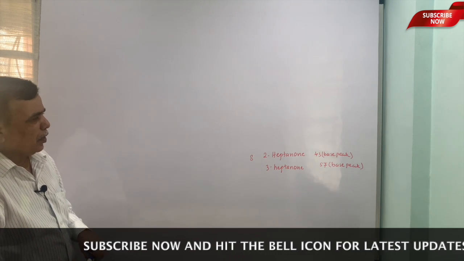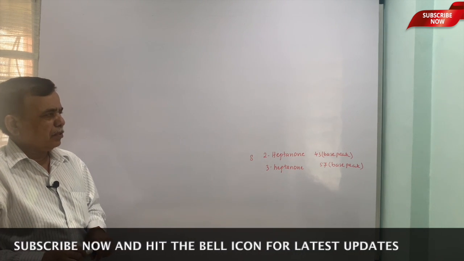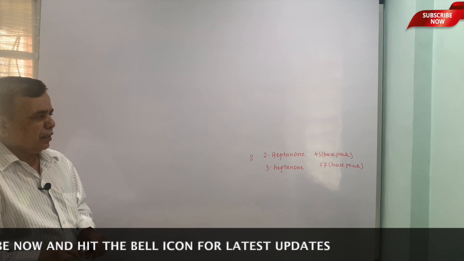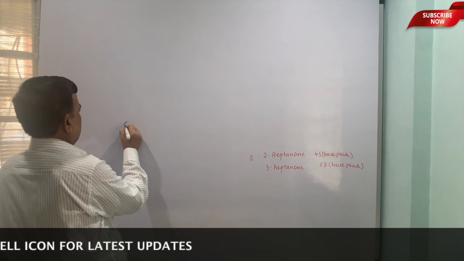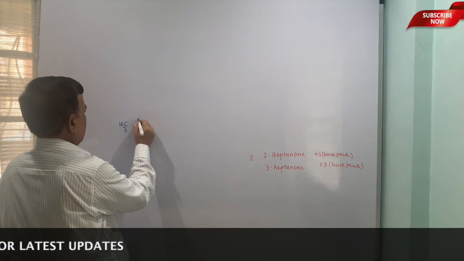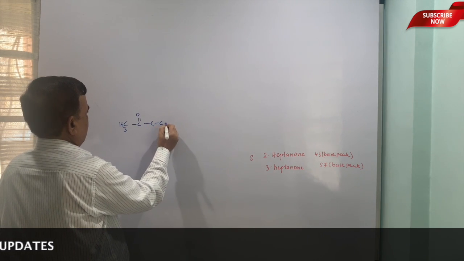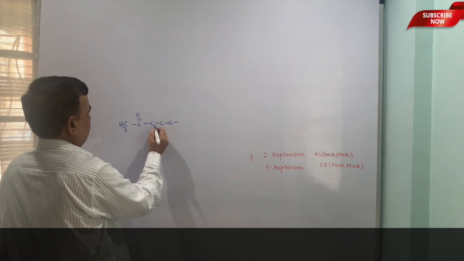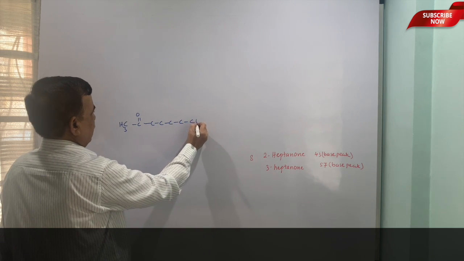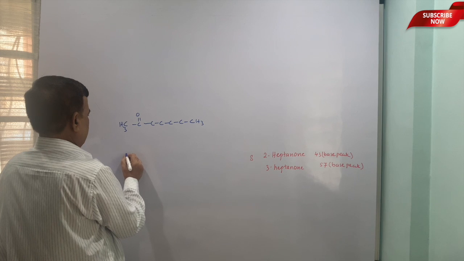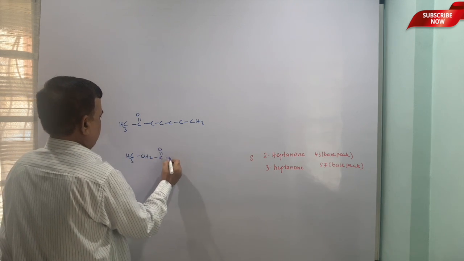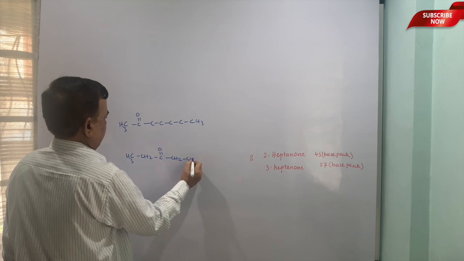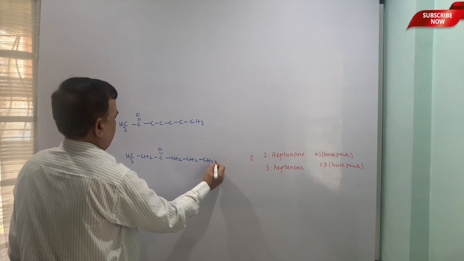The next example, 2 heptanone gives base peak at 43, while 3 heptanone gives base peak at 57. So you have to explain this. 1, 2, 3, 4, 5, 6, 7. This is 2 heptanone, alternatively this is 3 heptanone, CH2 CH3.